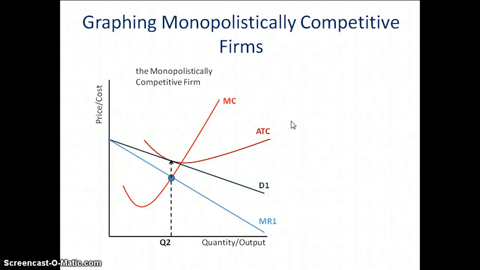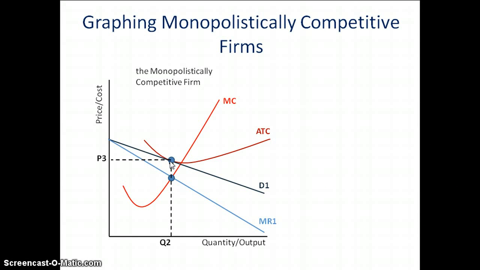What's this costing me? Well, it just so happens that I've drawn my monopolistically competitive firm here in a long-run position, which means that the cost associated with the Q2 level of output and the price at which I'm selling is exactly the same, or pretty darn close, as I am indicating here with my dot and a price of P3.